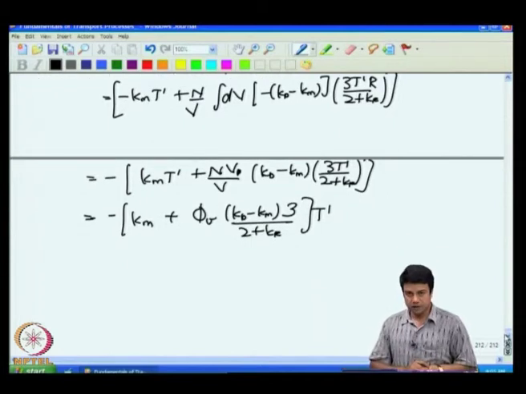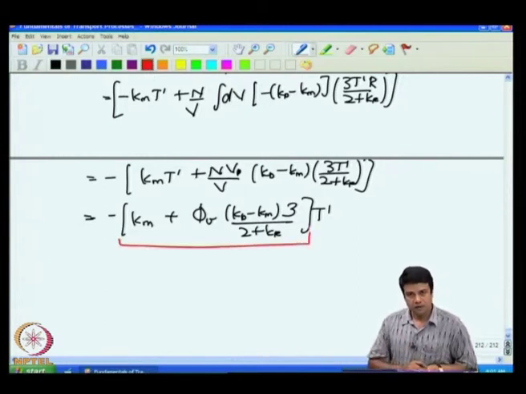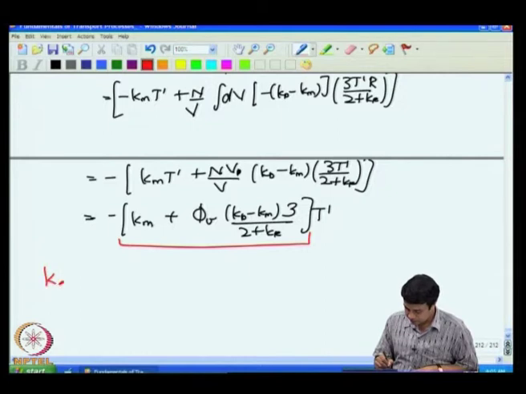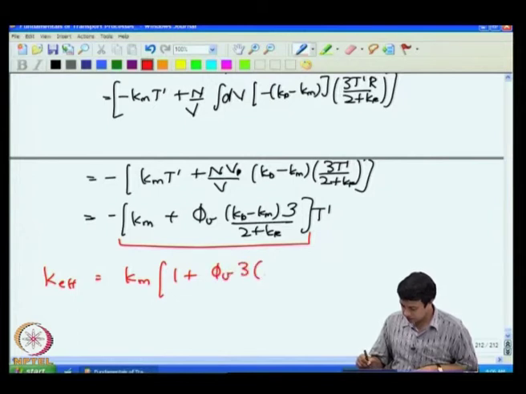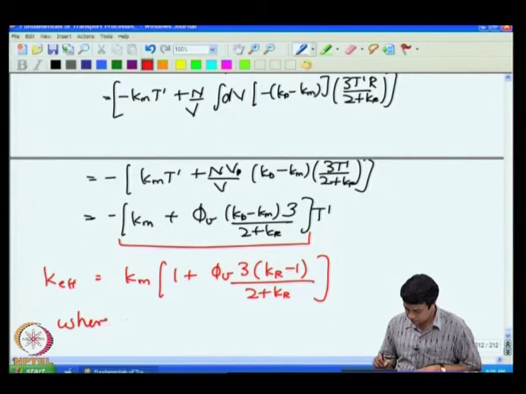So, this finally gives me the conductivity of a composite material. This entire coefficient here is the effective conductivity. K effective is equal to Km times 1 plus the volume fraction into 3 into Kr minus 1 by 2 plus Kr. You can easily see Kr is equal to K particle by K matrix.